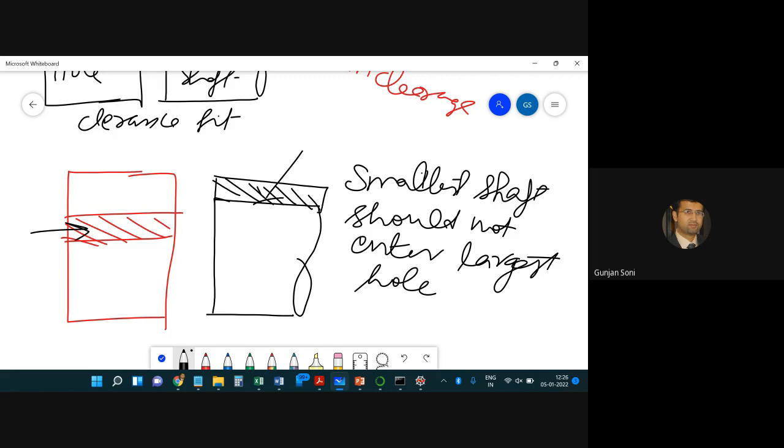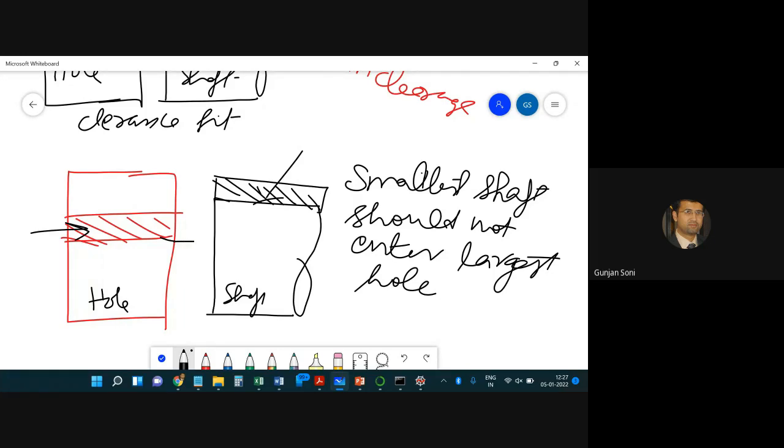Okay. So what is the maximum interference? When do I get the maximum interference? This is your hole over here, and this is the shaft. Maximum interference means maximum metal is coinciding with each other. That means smallest hole and the largest shaft.